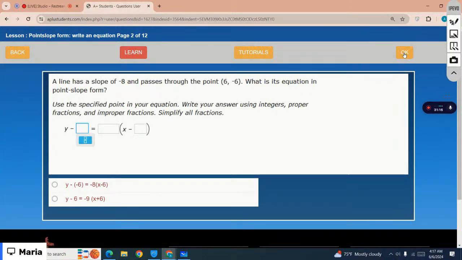A line has a slope of negative 8 and passes through the point negative 6 and negative 6. What is its equation in point slope form? So which is the correct option?